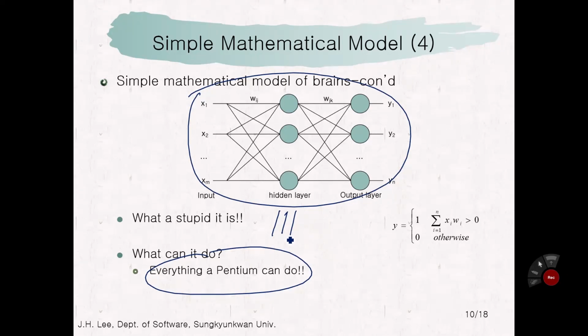You have a notebook, or you have tablet PCs, or personal desktop PCs. You have a lot of digital computers. Then why do I need neural networks? In terms of power, they are the same. Then why do I need neural networks? What's the answer? 왜 우리 뉴럴 네트워크 필요할까요?